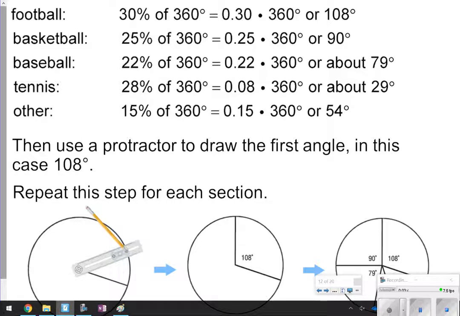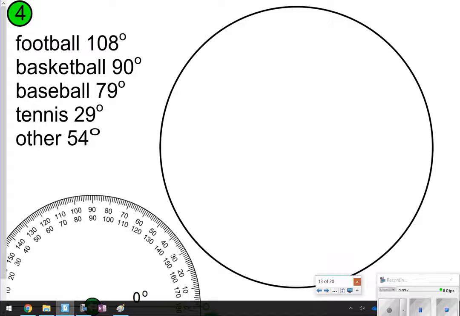We're actually going to do this together, but sometimes you might have a degree measurement that is larger than 180 degrees, something representing more than 50%. At that point, you would want to start with a smaller one, just because sometimes it's harder to do a larger degree measurement.